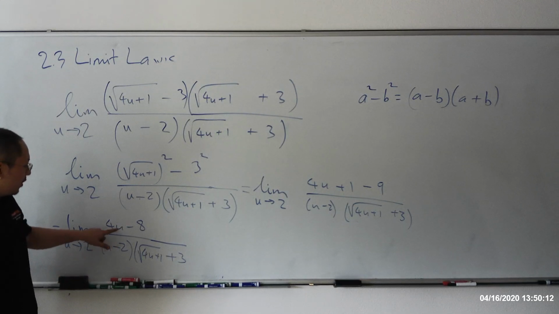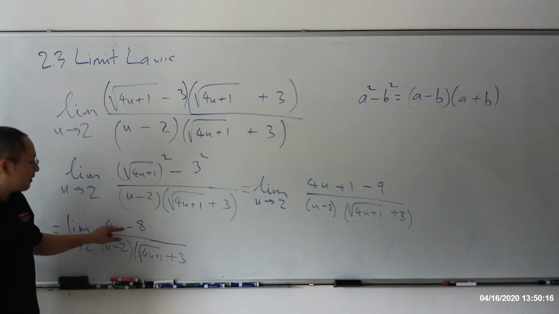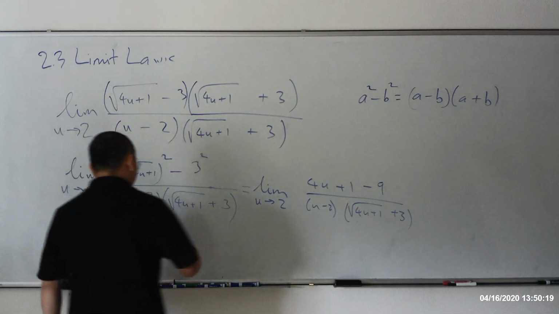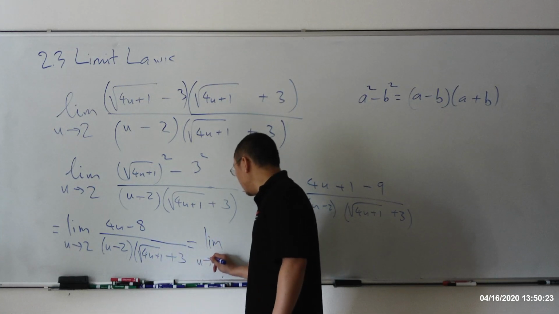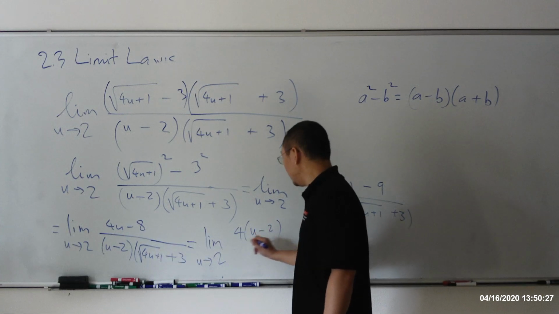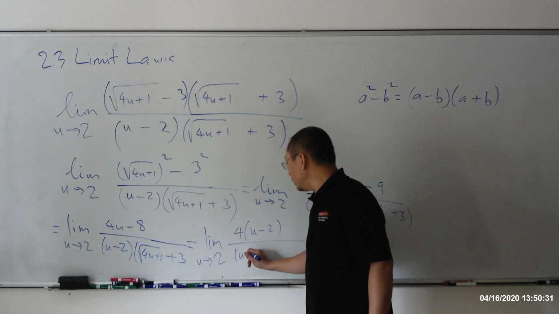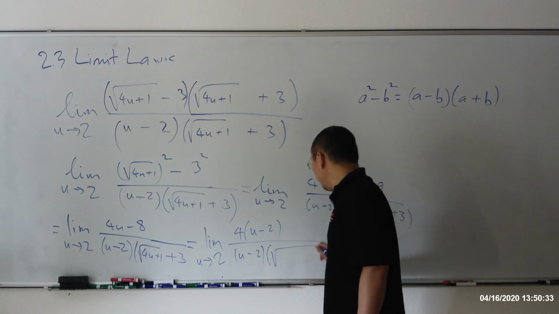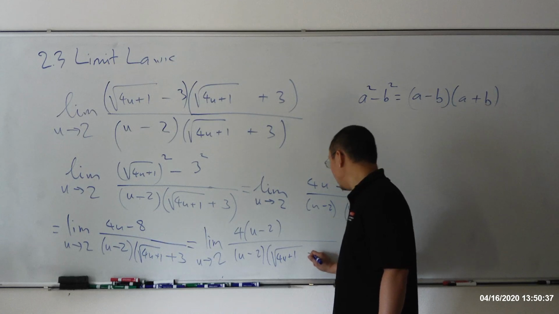Look at the top, 4u minus 8. The bottom is u minus 2. So if I factor out the 4 on the top, I will have the common factor. So limit again, u approaches 2. The top, factor out the 4, I get u minus 2. See, I got the factor. U minus 2 on the top, and the bottom is u minus 2 times square root of 4u plus 1 and then plus 3.